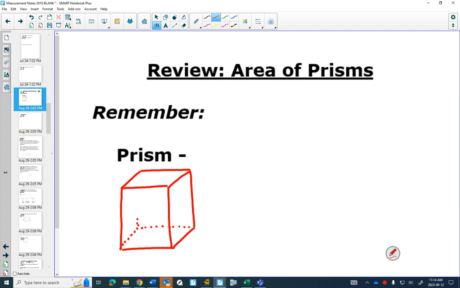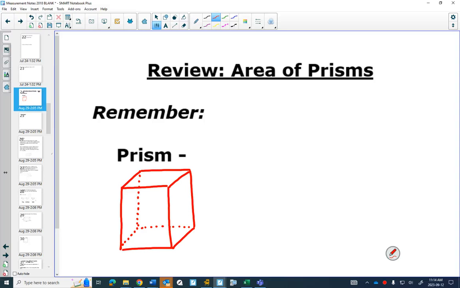The reason I drew dotted lines inside is because in reality you couldn't see those, right? If I hold the Kleenex box like this, you cannot see this back line. It's hidden. You can't see these bottom lines. They're hidden. So that's why we draw it like that.